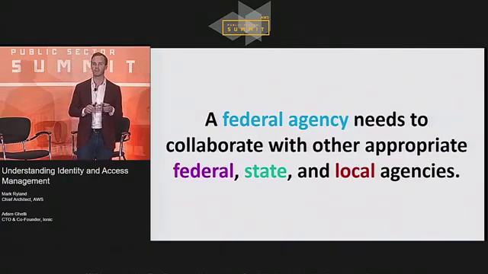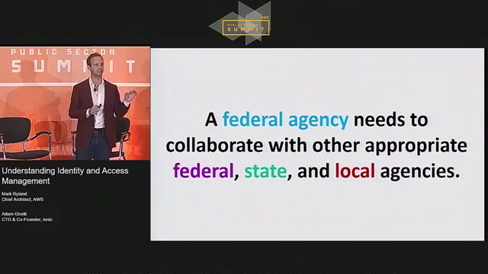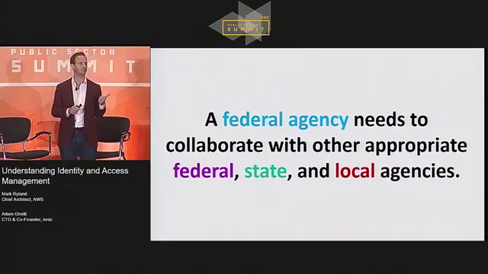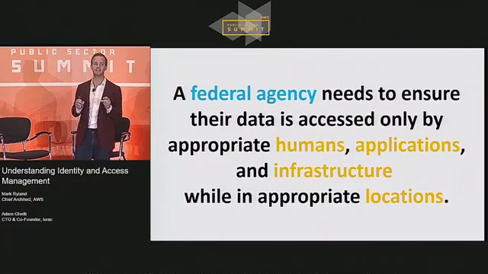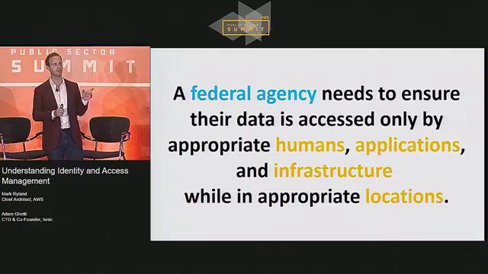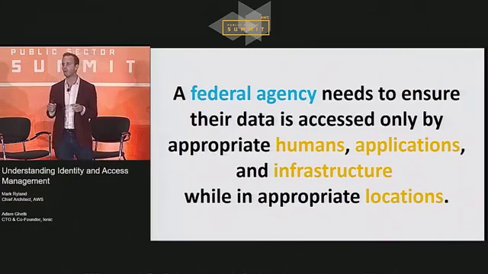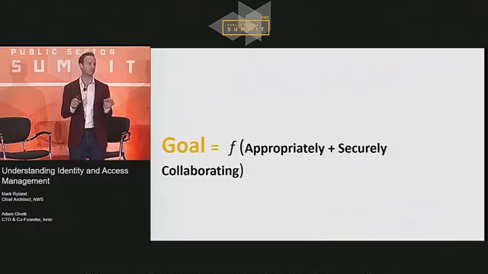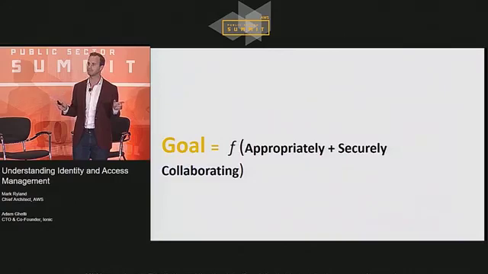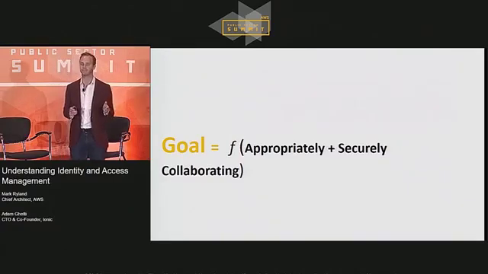For the rest of this conversation, we're going to talk about a simple scenario, one in which a federal agency needs to collaborate with other state, local, and federal agencies, all the while still needing to ensure that their data is only accessed by appropriate humans, infrastructure, and applications, all the while those things are in the appropriate locations. The goal is quite straightforward. We want to enable a function of securely and appropriately collaborating. So we're going to discuss today how you do that, and how you do that in a verifiable web-scale fashion.